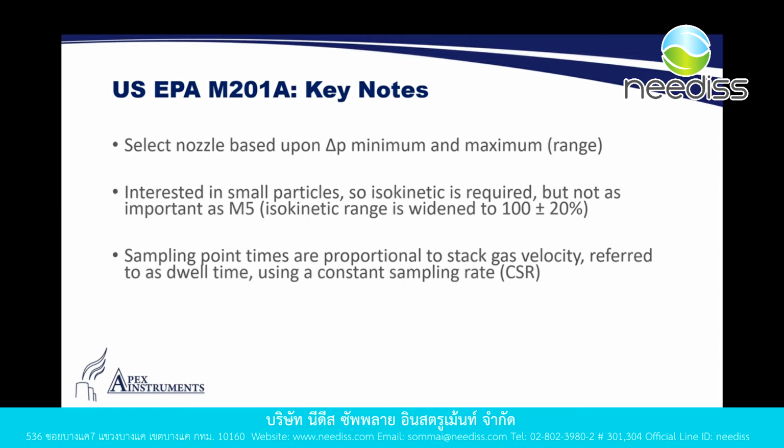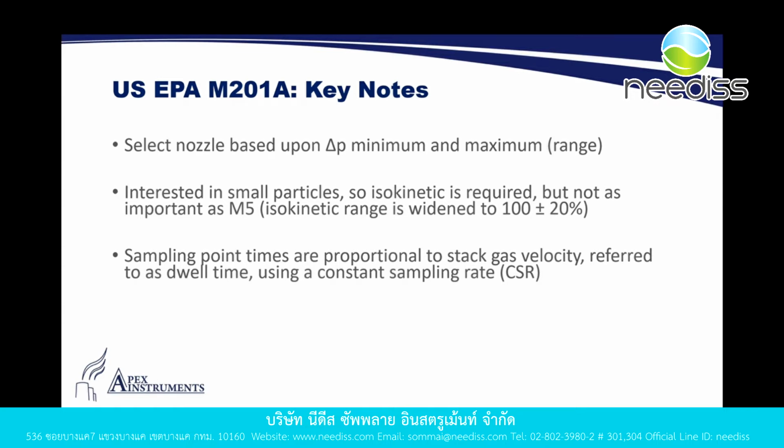So some key ideas, key notes about the actual method itself. The selection of the nozzle, which in this kit you would actually be supplied 12 nozzle sizes, unlike the typical Method 5 isokinetic kit, which would come with about 7 nozzles. You'll actually have the choice of 12 here.